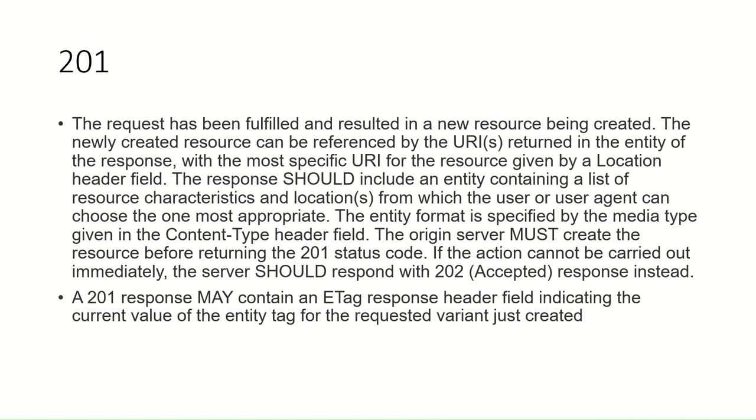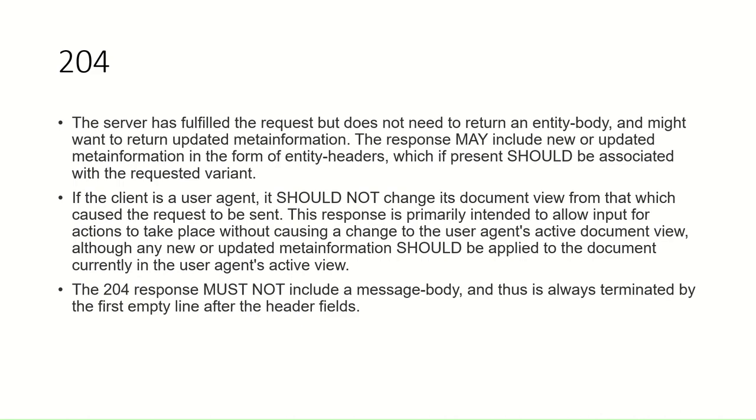The newly created resource can be referenced by the URI returned in the entity of the response, with the most specific URI for the resource given by the location header field. The response should include an entity containing a list of resource characteristics and locations from which the user or user agent can choose the most appropriate. So this is basically used for the PUT and POST APIs where a resource is being created. Now let me go to the next slide and discuss the 204.